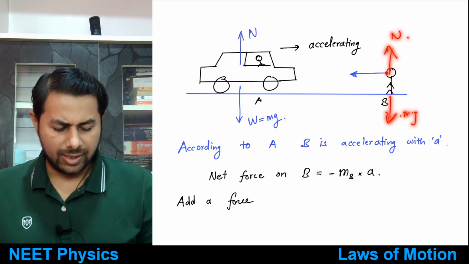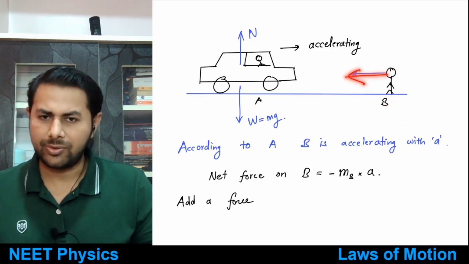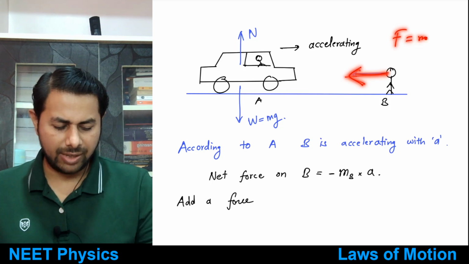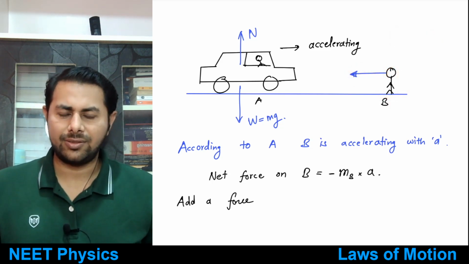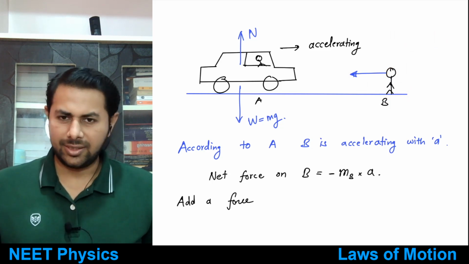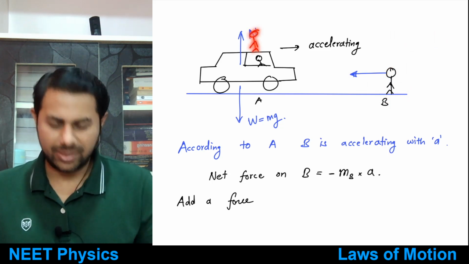Okay, and since the person is accelerating, there must be a force acting on this person in this direction. That force is equal to ma, mass of the person multiplied by the acceleration, right? This thing is clear.